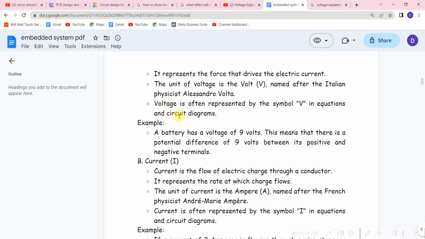They said the battery has a voltage of 9 volts. This means that there is a potential difference of 9 volts between its positive and negative terminals, meaning that 9 volts' worth of force is going to drive electrons if you connect that battery to a circuit.